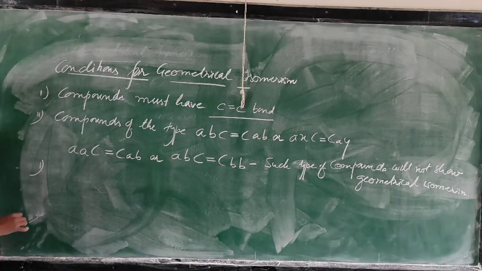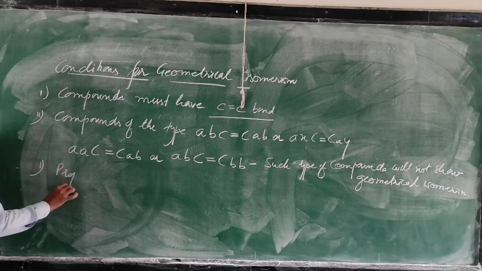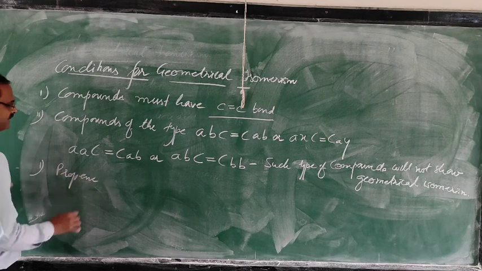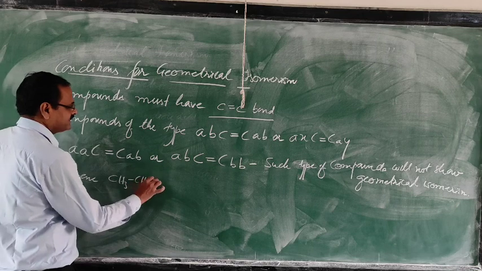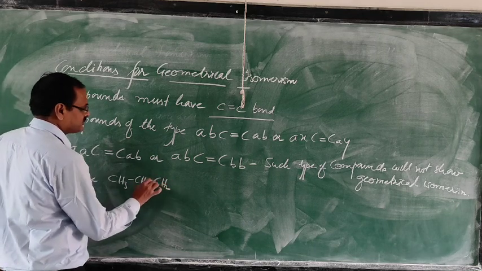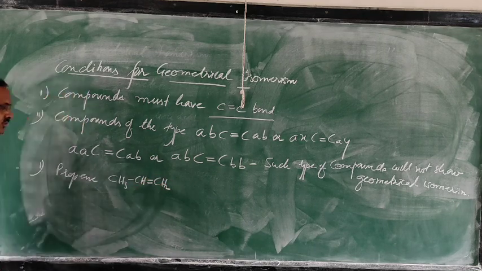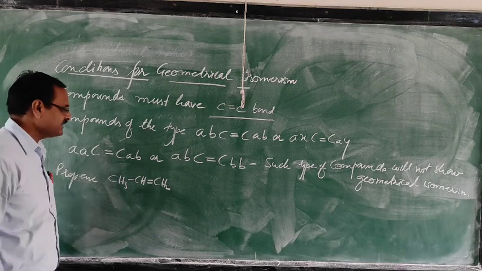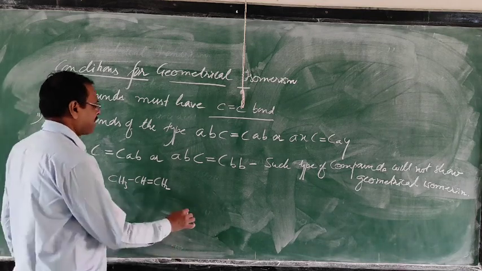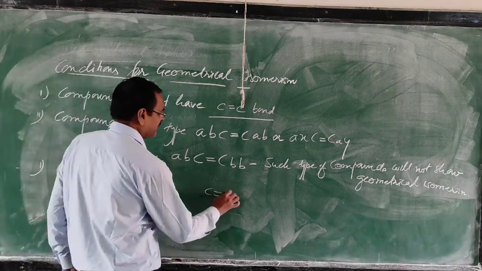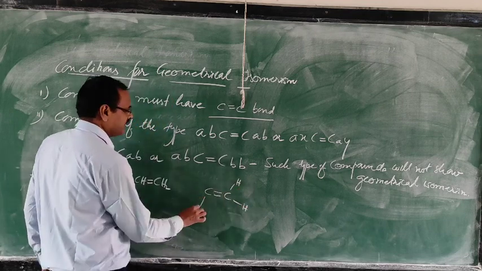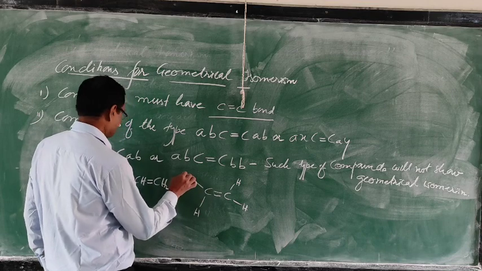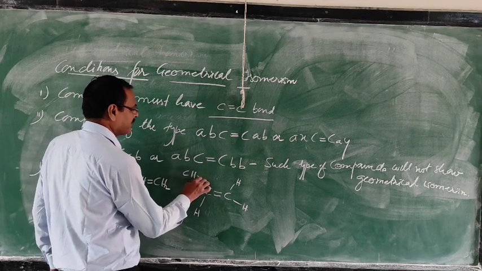So first example, propene. Propene structure is CH3-CH=CH2. So just to draw the cis and trans isomer of this propene. So this carbon-carbon double bond, two hydrogen atoms, here H and here CH3.